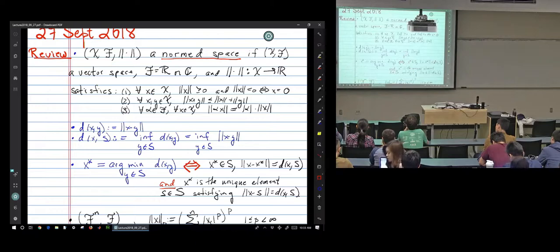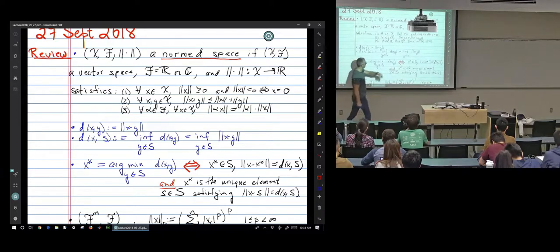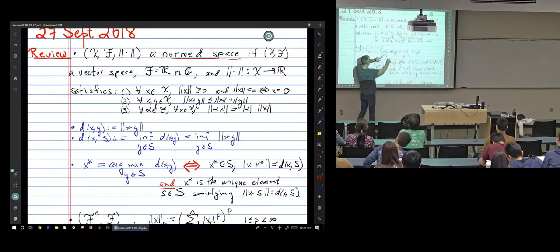And we drew a picture to show that you're also solving what is called a minimum distance problem. How far is X from the set S? You just look at all points in S and you look at their distance and you take the smallest one, if there is a smallest one. If not, you take the infimum.